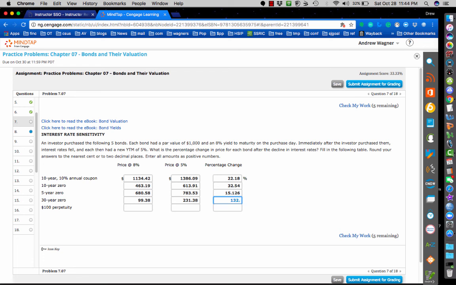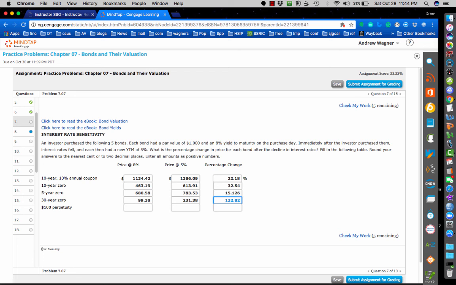What a large change that is. So we can see with the zero coupon bonds, the longer the time to maturity, the bigger the change in price, and it is pronounced.